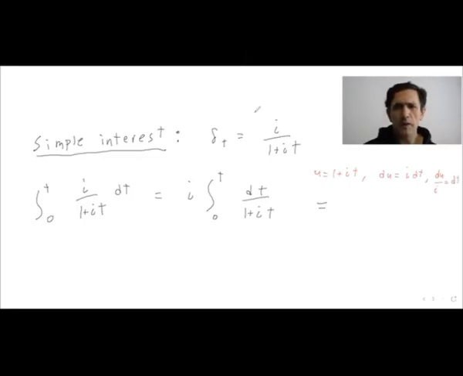I'll handle the limits in a second. So we have the i here. We have dt, so maybe it's a little easier to write it as 1 over 1 plus it dt. Not that it matters all that much, but we have the dt, and that's du over i.